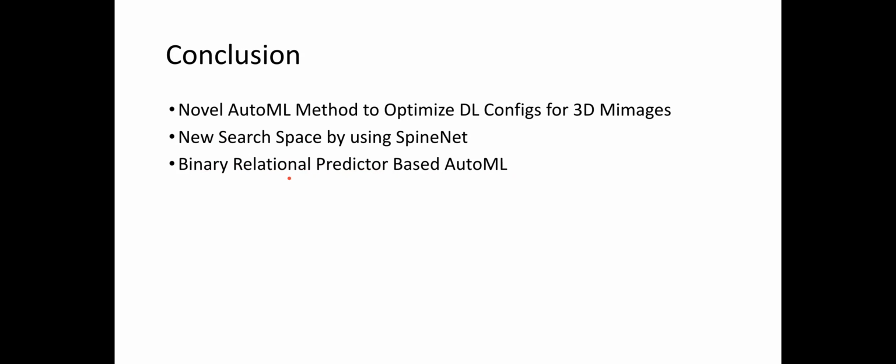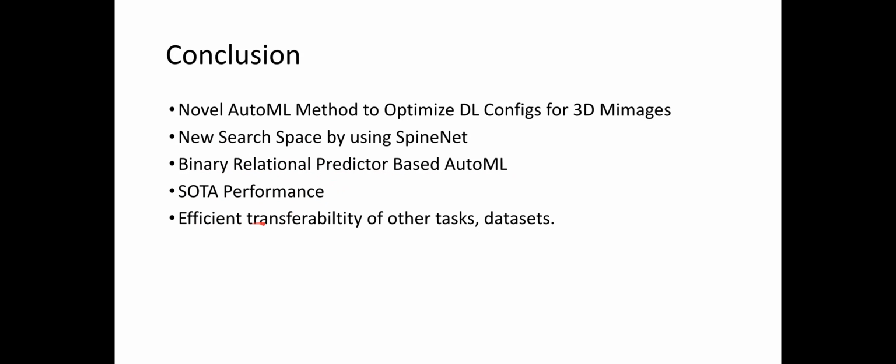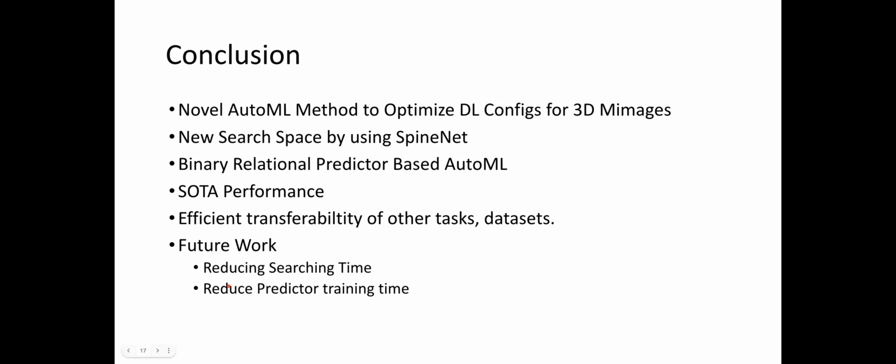Earlier, predictors were just used to predict the accuracy, but here the predictor predicts a relation between networks, which enables them to rank better. They get state-of-the-art performance on datasets such as LITS and MSD, and they also prove that their method is transferable to other tasks and datasets. In future work, the paper proposes to reduce the search time for the network and also to reduce the predictor training time.